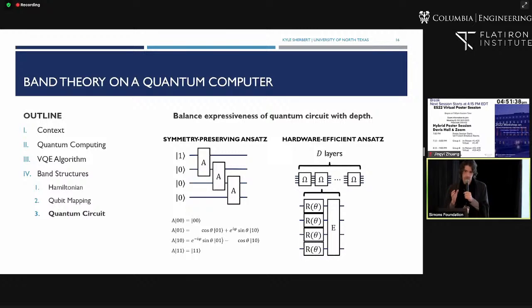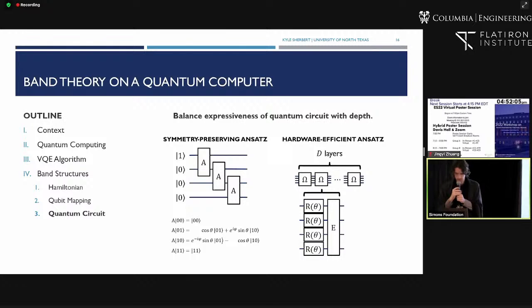Then again, it may be that it's easier to implement on the quantum computer some fixed alternating layer of single qubit gates, which are very easy to implement, and then entangling layers that might mix up the qubits depending on how your quantum computer is laid out.